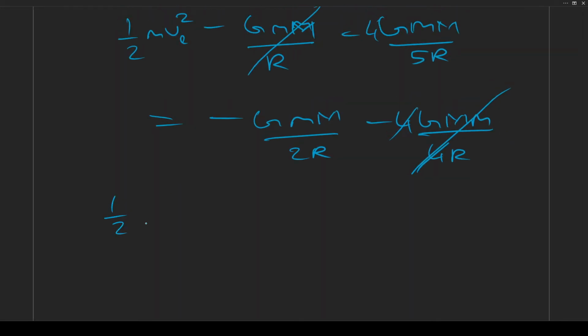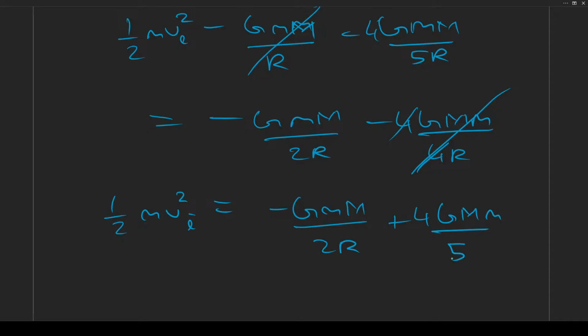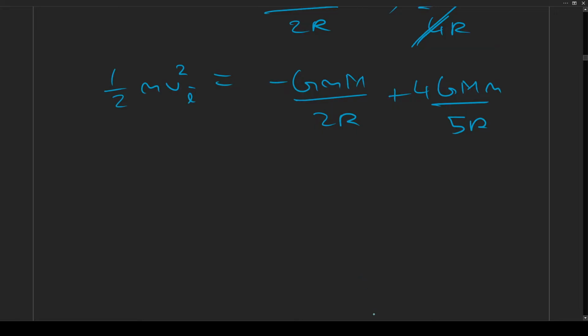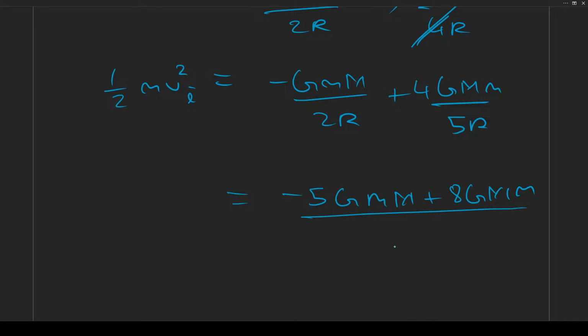Then we get half mv initial square equals minus GMm by 2r plus 4GMm by 5r, which is equal to minus 5GMm plus 8GMm by 10r.